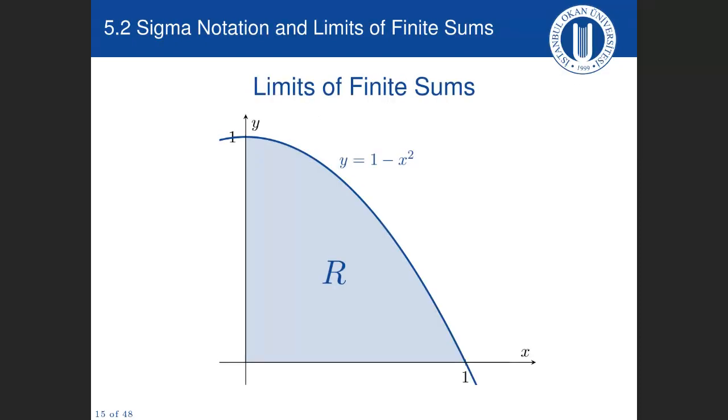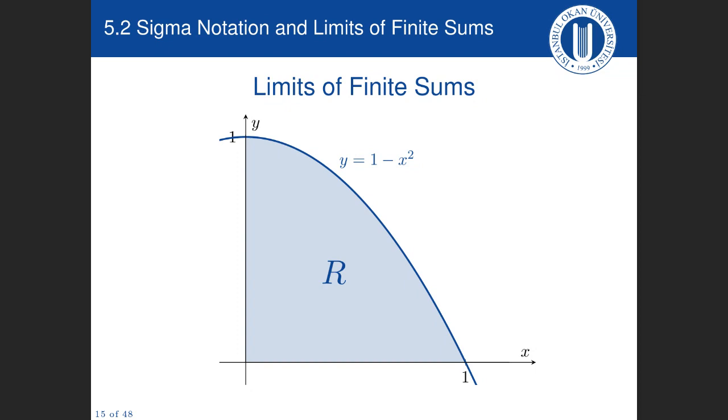Now, let's go back to this area that we were talking about before. R is the region underneath the graph of y is equal to 1 minus x squared, above the x-axis and to the right of the y-axis. And I want to calculate the real area of R. We've done some approximations.